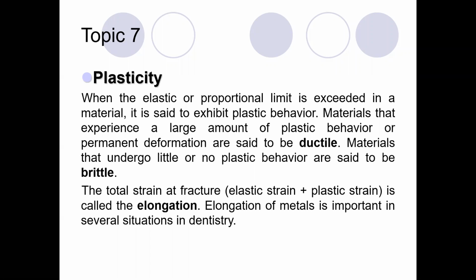If we compare different materials, we can see that materials have different plastic behavior, and we can divide them into several types: ductile materials and brittle materials. Without plastic behavior, materials are brittle, and with a big amount of plastic behavior they are ductile.